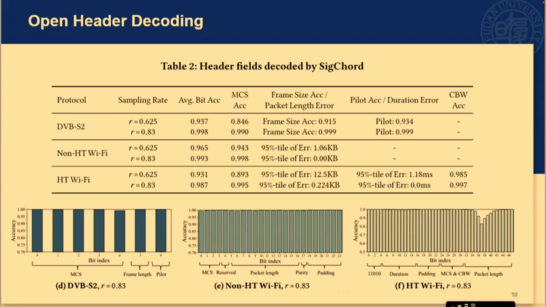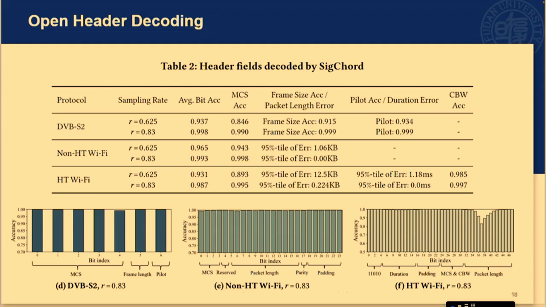Packet length errors are minimal, at 300 bytes at the 95th percentile, and the signal duration decoding errors of HT Wi-Fi packets are also negligible.